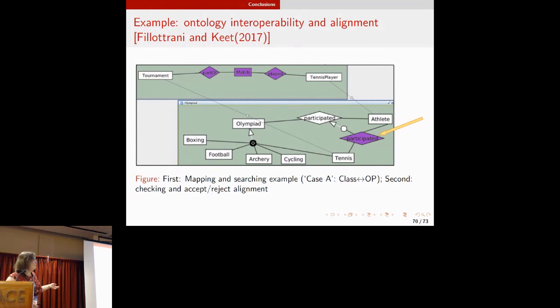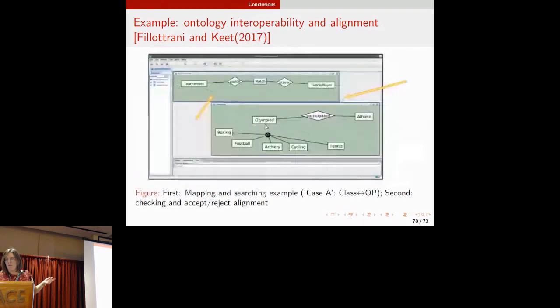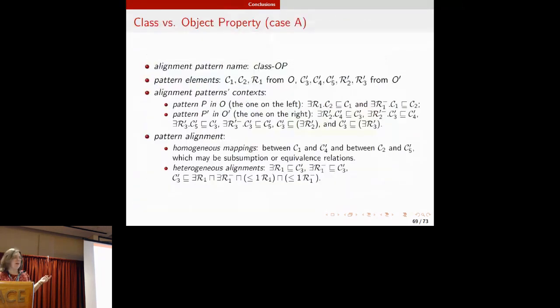You can do that with heterogeneous alignments if that's what you need. Maybe it's not what you want because it makes things a little more complicated, but it is possible. The other option is if you can modify the other ontology, and I have one student finishing up on that. Instead of aligning, we say we swap this thing for that thing or vice versa.